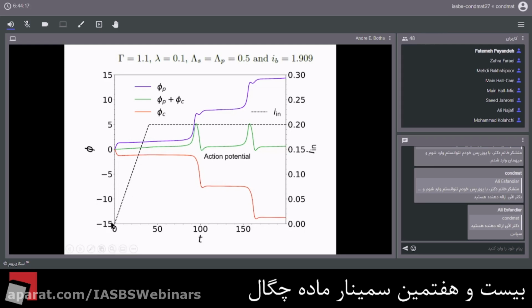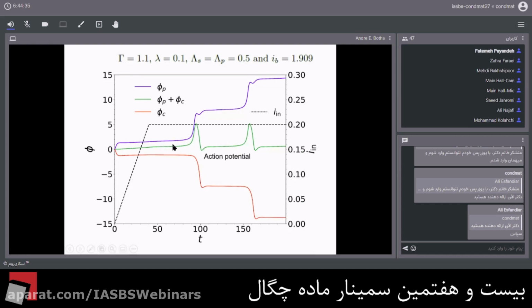And you see that at first not much happens, but when it reaches about 0.2, there is sufficient input current to trigger this response that I've just described.